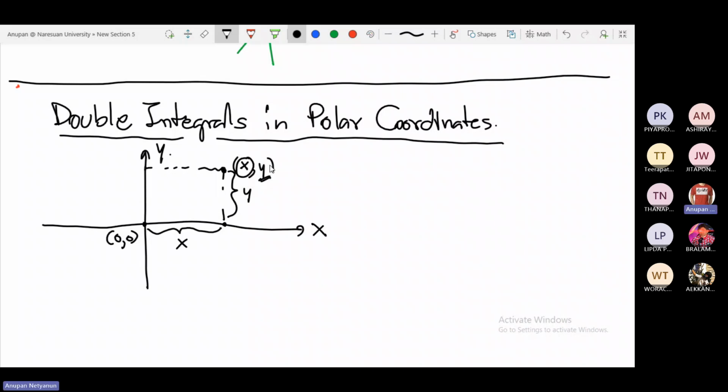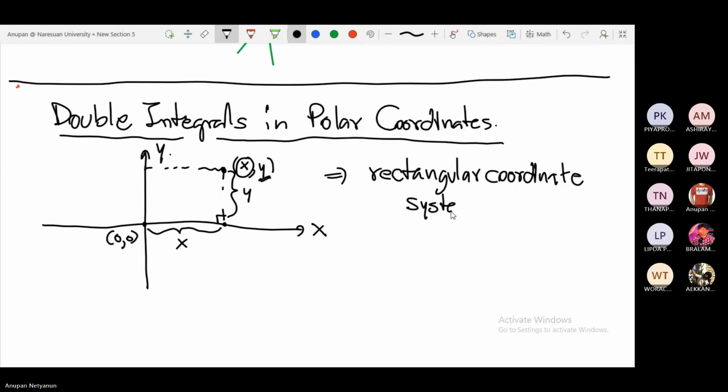Now, in this system, you might see it's related to the right angle. It looks like a rectangle. So we call this system the rectangular coordinate system. Okay, that is the system that we are used to.